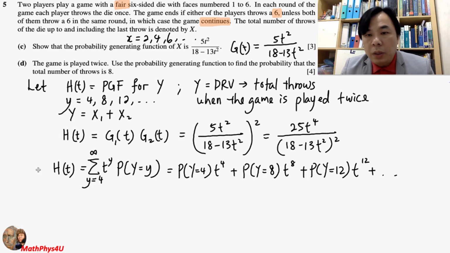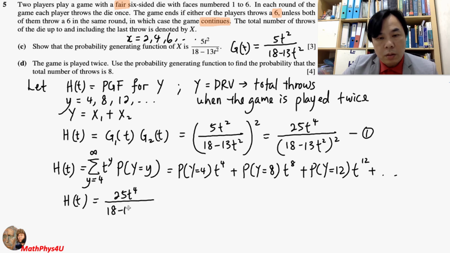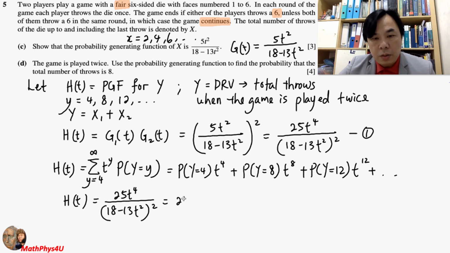Now, how are we going to do that? Okay, very simple here. Now, I'm going to consider this probability generating functions. We can rewrite, just rewrite this one more time. Now, this one can be written as such.